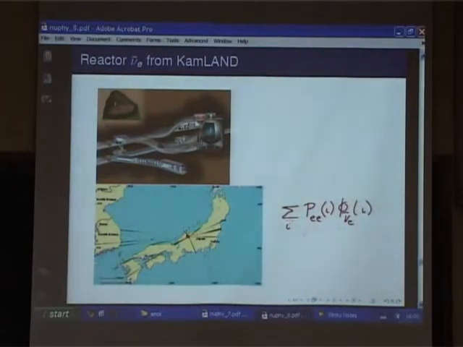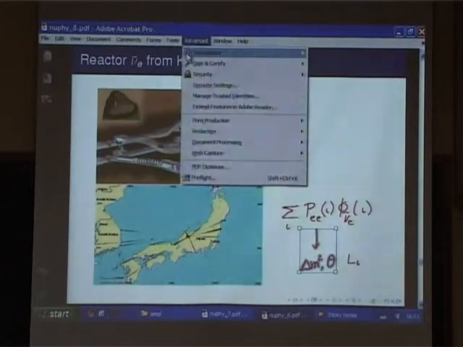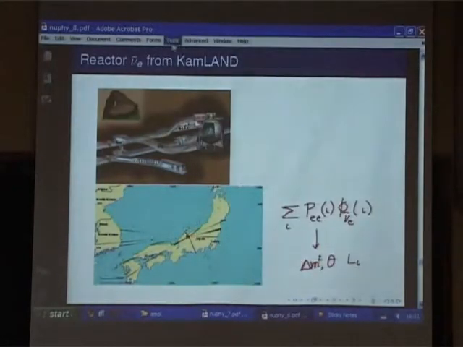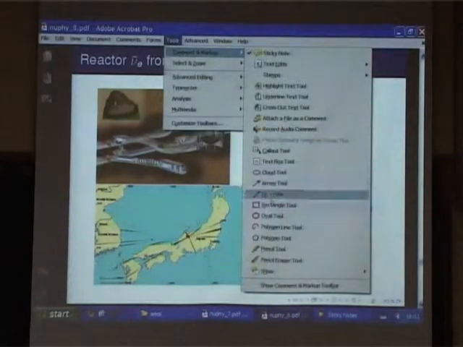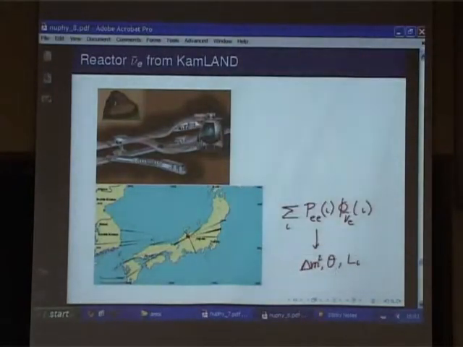So this survival probability will basically depend on delta m square, theta, and the distance from the detector. So N_i is known, only two parameters are delta m square and theta.